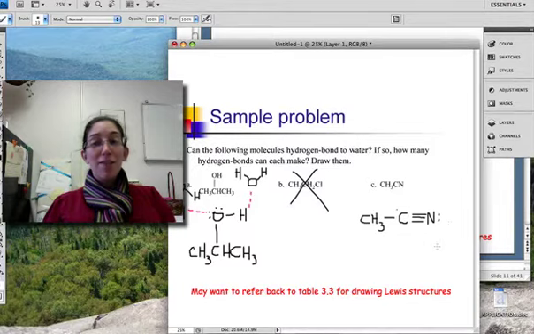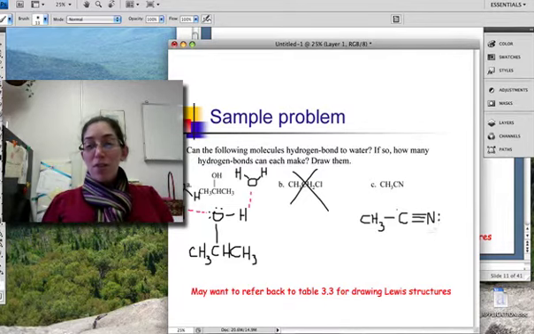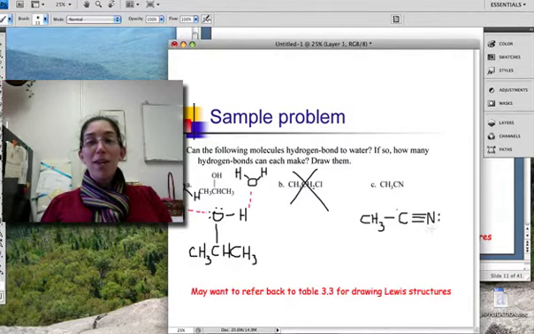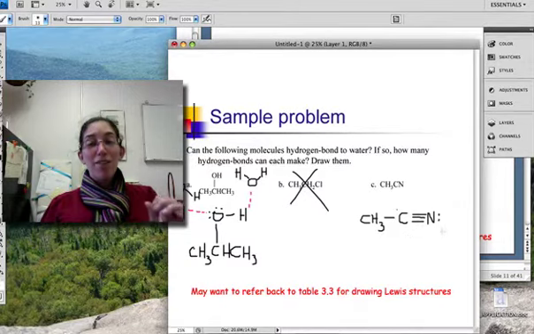And we say yes, because there's a nitrogen. Is it a hydrogen bond donor, a hydrogen bond acceptor, or both? It's a hydrogen bond acceptor. It can't be a donor because there's no hydrogens bonded to that nitrogen. So it can only act as a hydrogen bond acceptor.